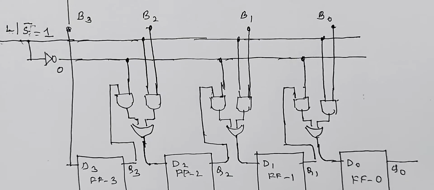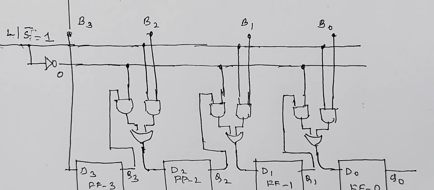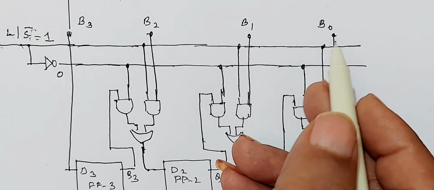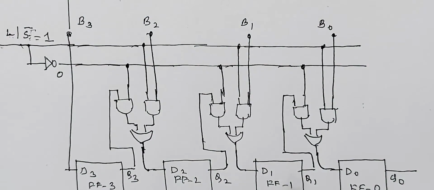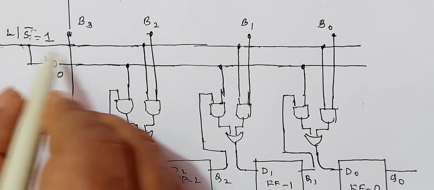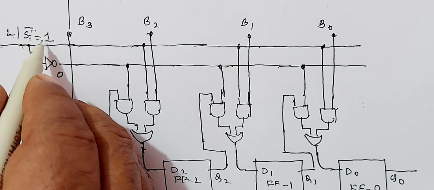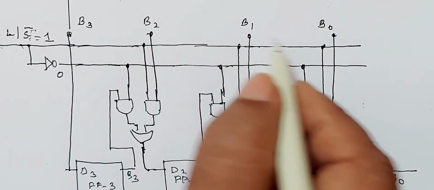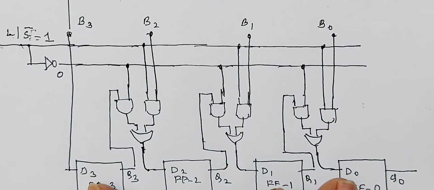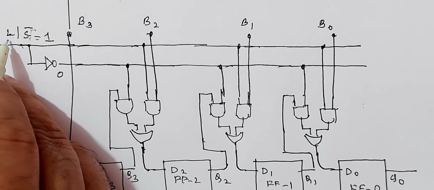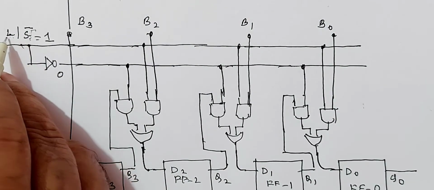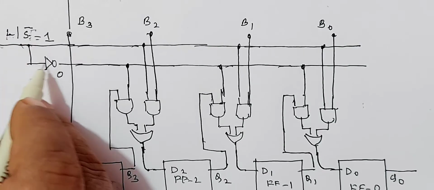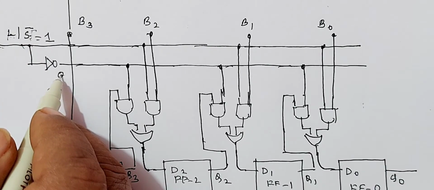Now let us see how all the inputs are applied simultaneously with an example. Let B3, B2, B1, B0 be the bits themselves. Now when this load line is equal to 1, during the load operation, you have to load all these bits simultaneously. During load operations, you have to make this 1. So when load is equal to 1, because of this complementary, this becomes 0.